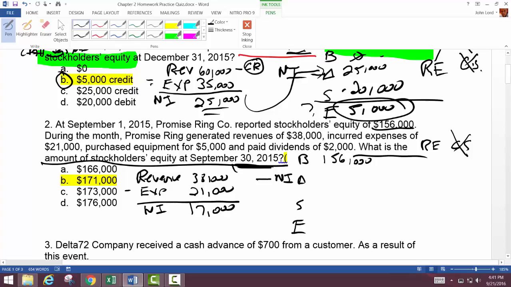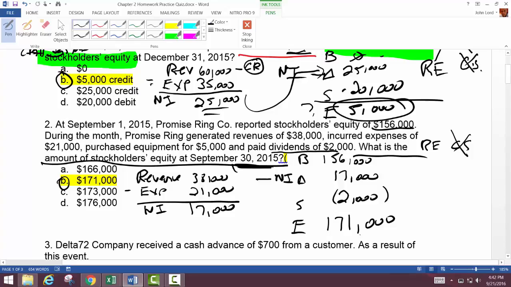Okay, so I go ahead and I add in my net income, 17,000. The subtract would be dividends. Do they have any dividends? They paid dividends of 2,000, didn't they? So I subtract out the dividend. That gives me an ending balance here of the 171. Is that the ending balance?